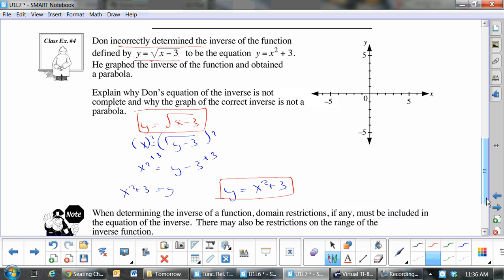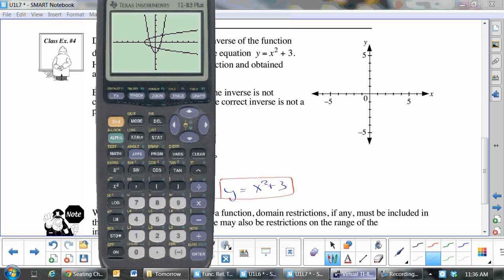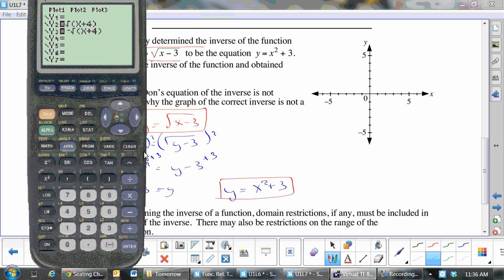Okay, let's look at our calculators because something's going wrong here. So if I clear this, I'm just going to put in square root x minus 3. I'll get rid of the other ones because I don't want them.